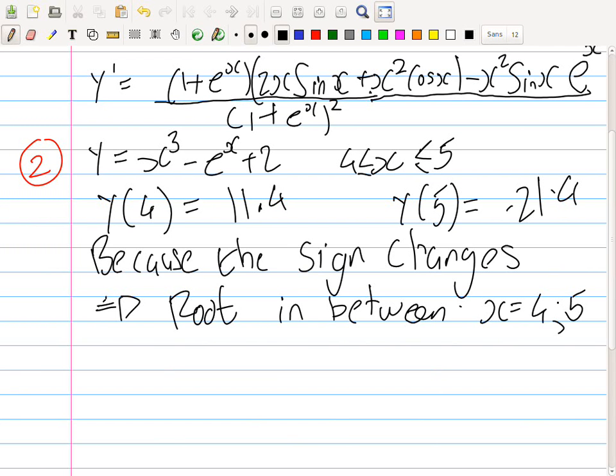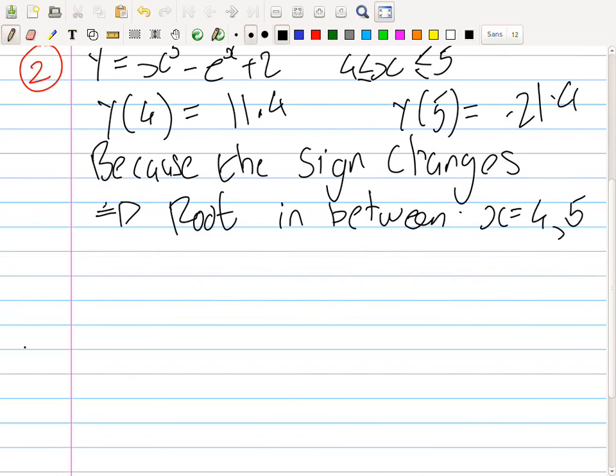Now, please note, this question has 3 marks. Most likely there's 1 mark for the 4, 1 mark for the 5, and 1 mark for your comment. So it's important to look at the marks, just like you're told in biology too, to help decide: have I done enough for this question?